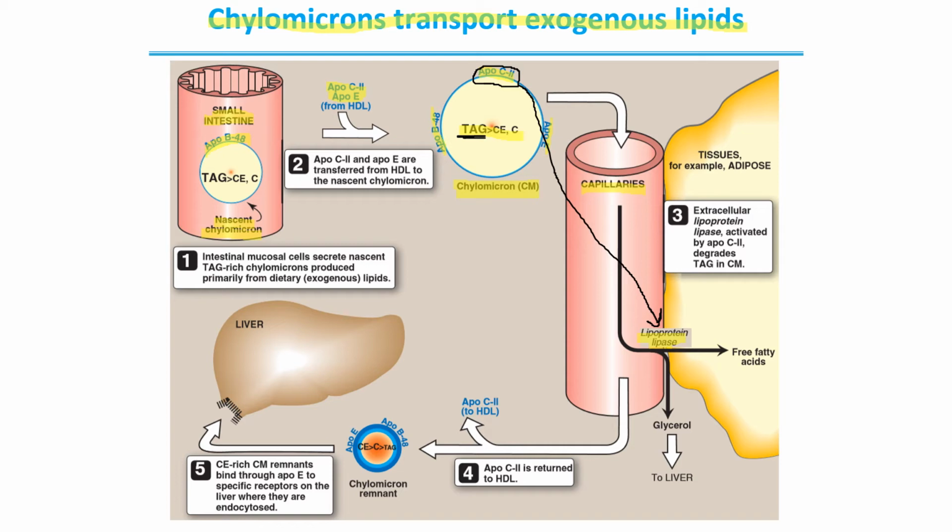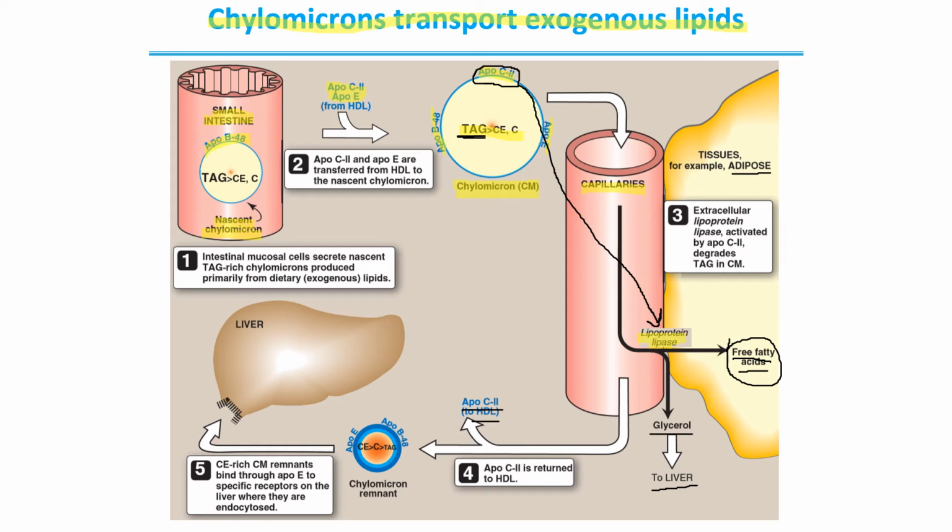The TAG will be broken down into two parts, free fatty acids and the glycerol molecule. So most of the TAG is broken down. Fatty acids are taken up by different tissues like adipose tissue or skeletal muscle, and will be used by those tissues. Glycerol will go back to the liver and can take part in glycolysis. Now the rest of this chylomicron comes out of the bloodstream, and it will return one of the proteins, ApoC2, back to the HDL.